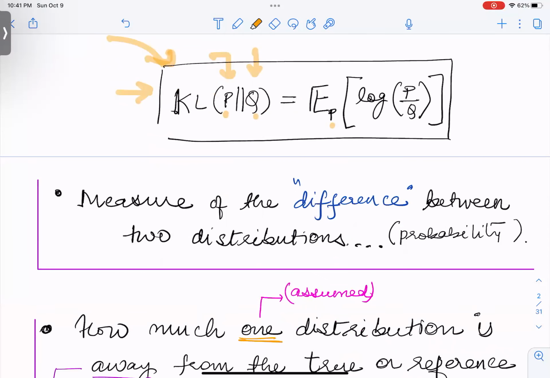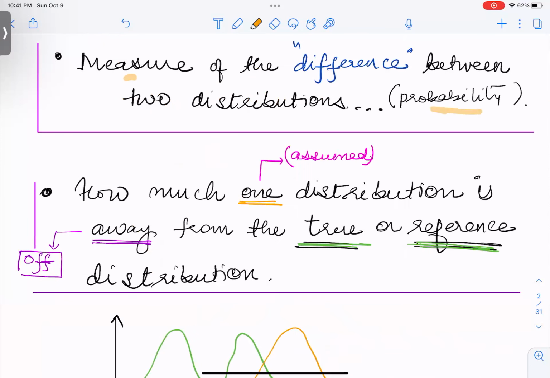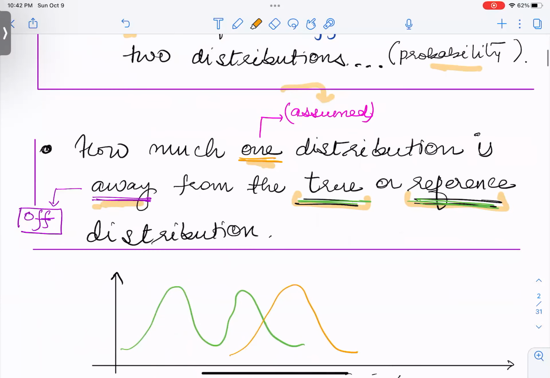KL divergence is the measure of the difference between two probability distributions, or we can also say how much one distribution is away from the true or the reference distribution. Sometimes in optimization techniques, we assume one distribution and try to get it closer and closer to the true or the reference distribution.